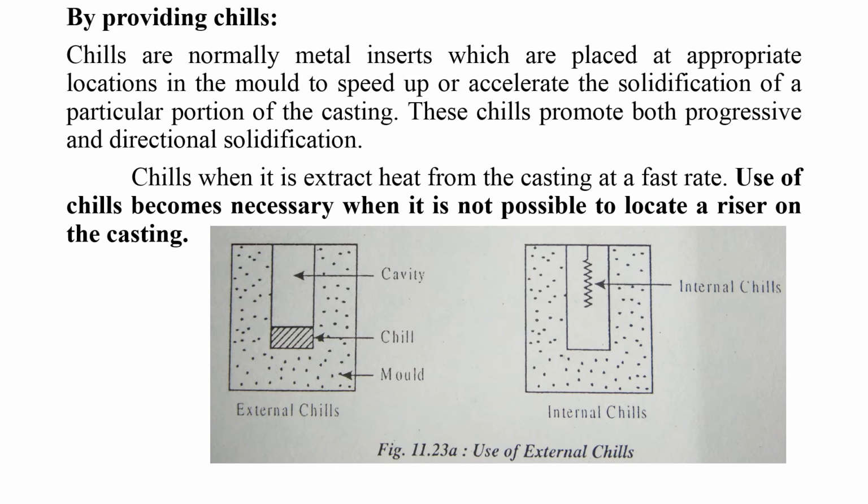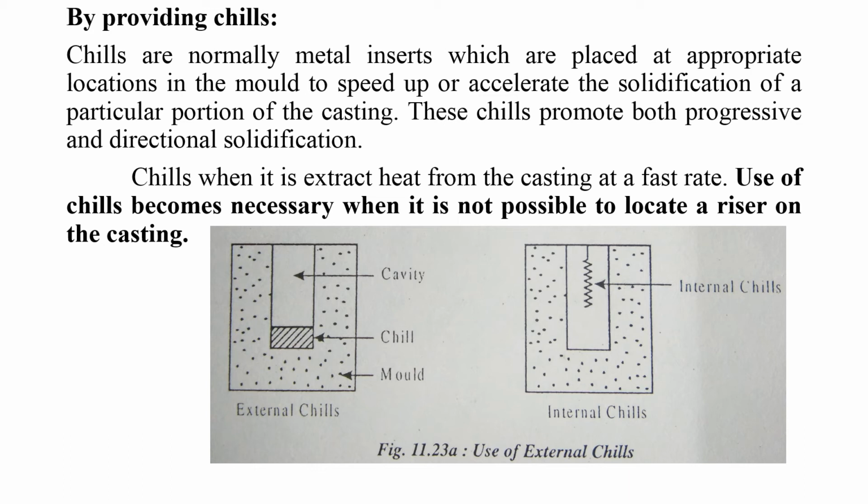Chills are normally metal inserts which are placed at appropriate locations in the mold to speed up or accelerate the solidification of a particular portion of the casting. Clear, right?